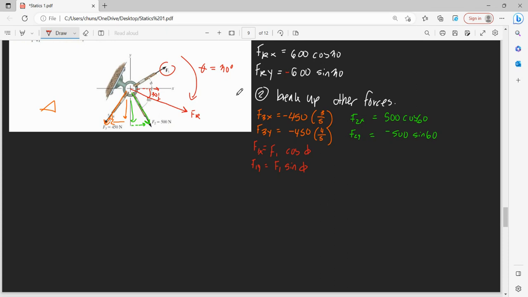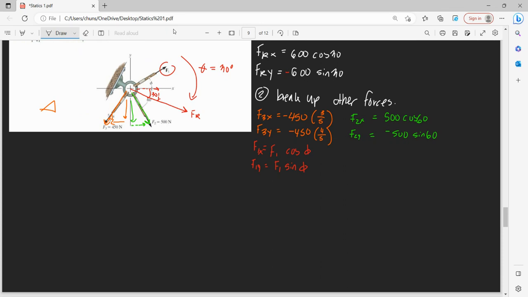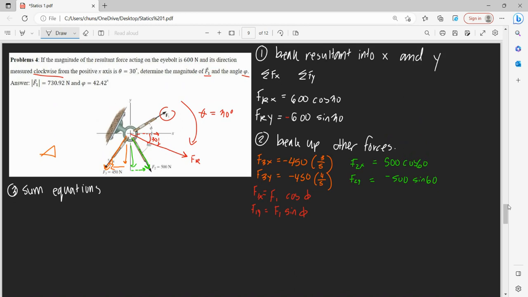So in our equations, we are going to have two unknowns. So let's write out our sums. So we know that our sum of x is equal to 600 cos 30 equals minus 450 times 3 over 5, plus 500 cos 60, and then plus F1 cos phi.